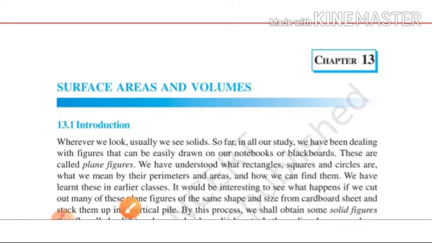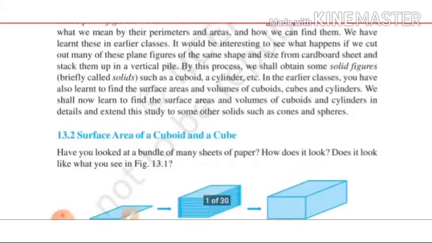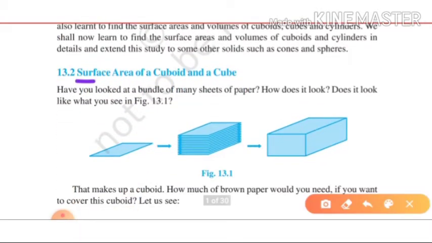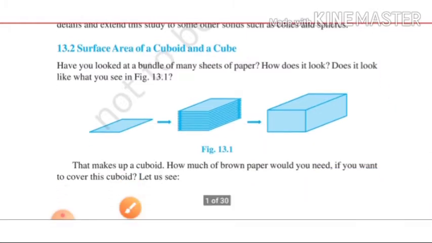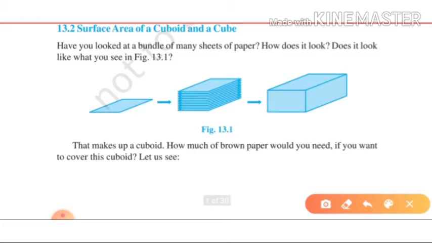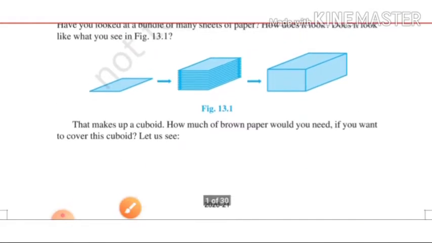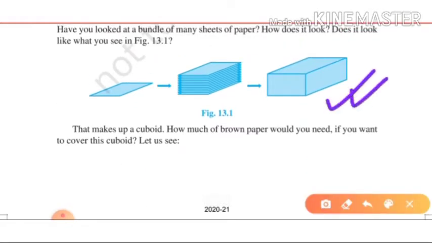So the first part will be the surface area of a cuboid and a cube. We know what a cuboid is. A cuboid has 6 faces.